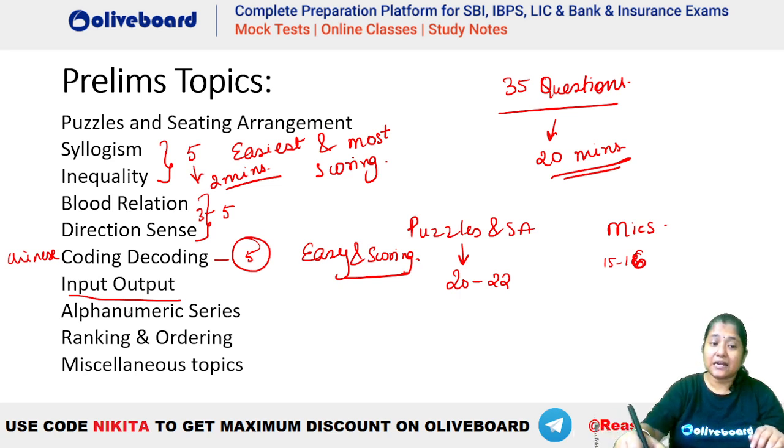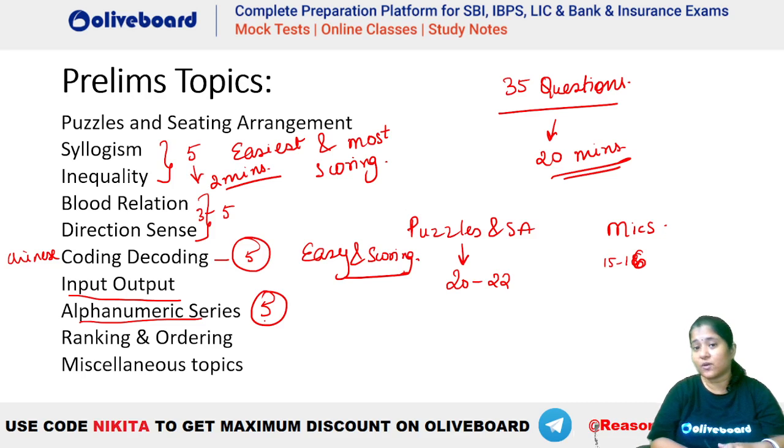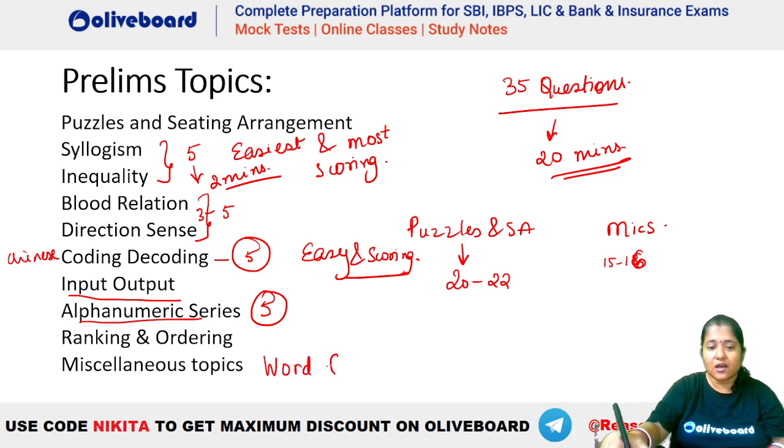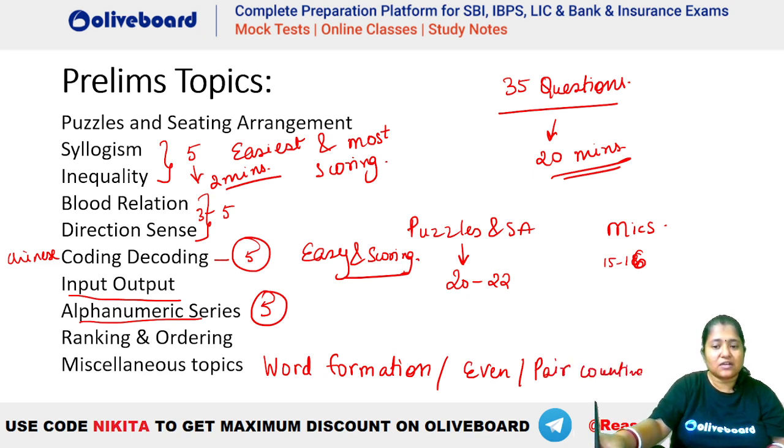Okay, then there are alphanumeric series, which again will have 5 questions, right? So 5 questions from alphanumeric series. Then ranking and ordering, 1 or 2 questions here and there can be there on ranking and ordering. Miscellaneous topics, generally you will see things like word formation, then a pair of alphabets question has come. Then there can be even-odd, those kinds of questions can come, right? So even-odd, pair formation, pair counting. So these types of questions generally come.